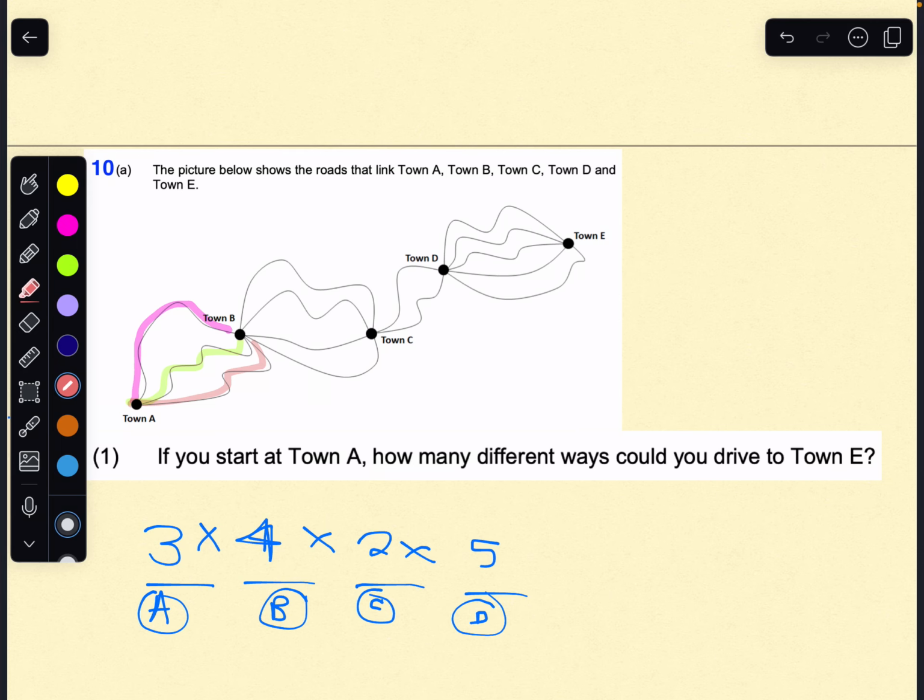If we just look at town A to town C, how many different routes could get us from A to C? You could start here and then go here, here, here, or here. So that's 4 possibilities. Or you could start here and then again 4 possibilities. Or you could start here and also have 4 options for your second leg.